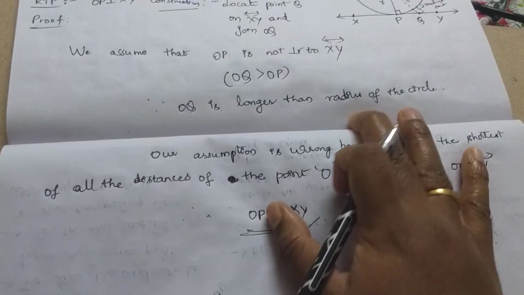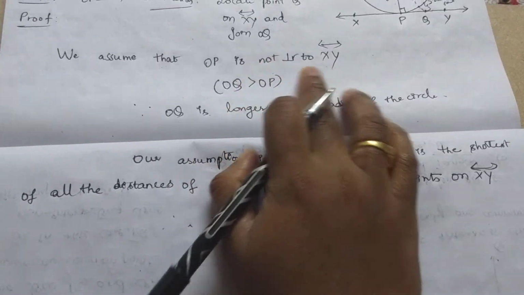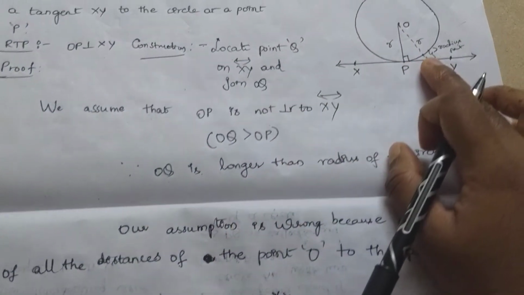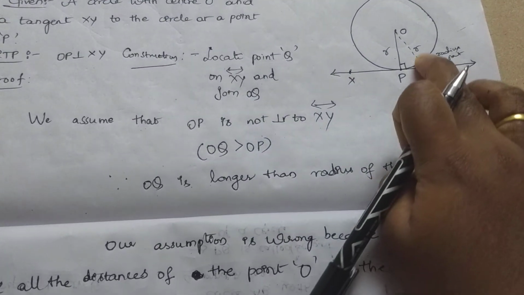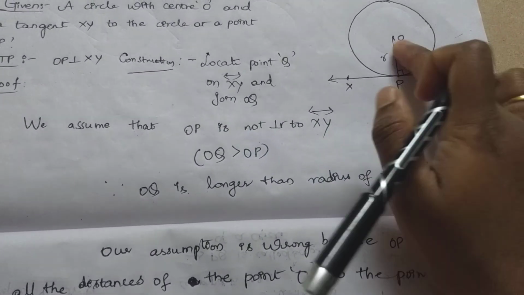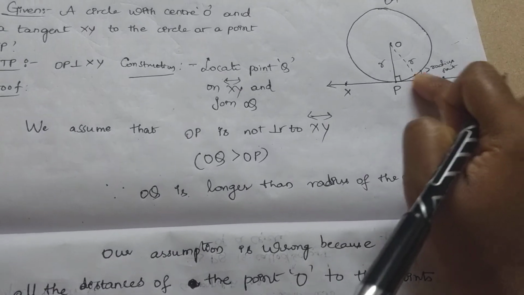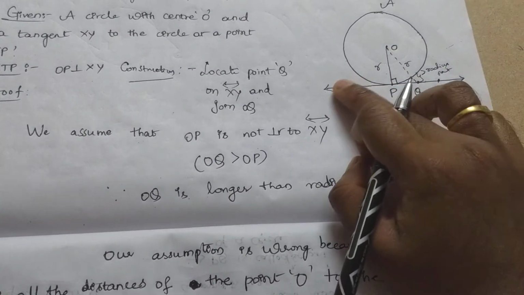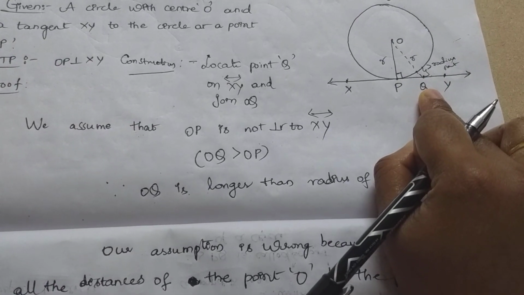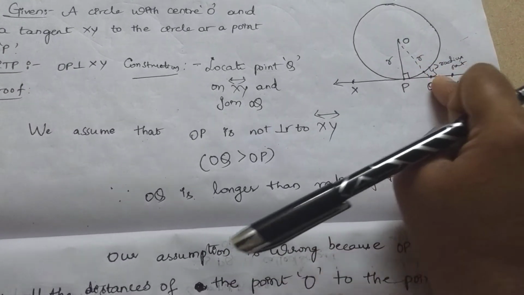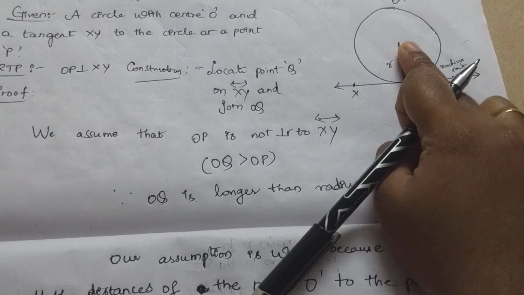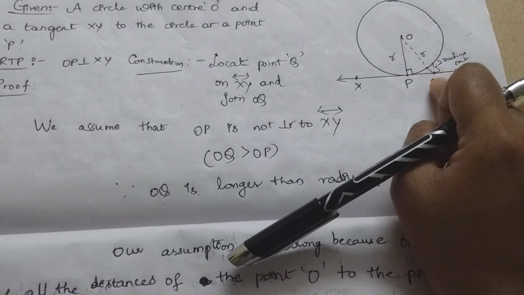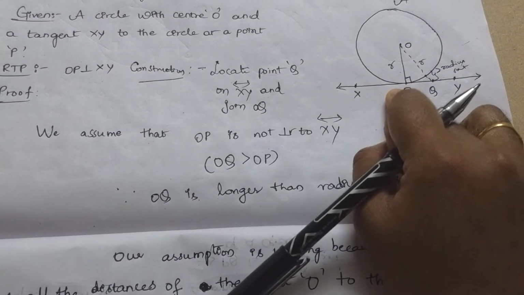First, what did we do here? We have assumed that OP is not perpendicular to XY. So, under the construction part, we constructed a line OQ such that Q lies outside the circle and on the straight line XY. Okay. So, when we join the line OQ here, the distance between O and Q is longer than the distance OP.